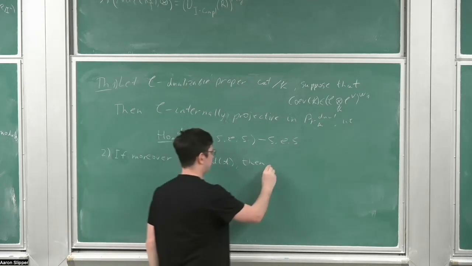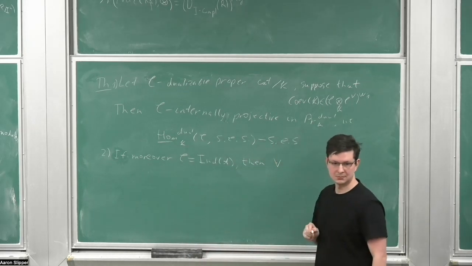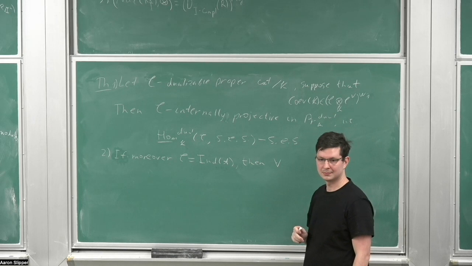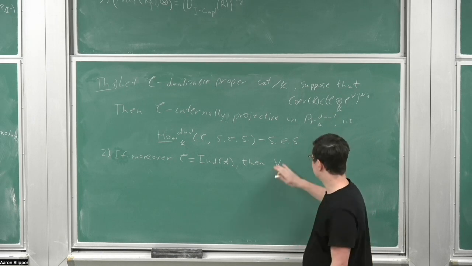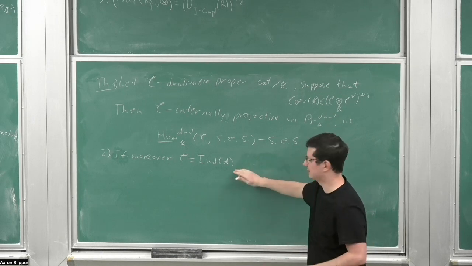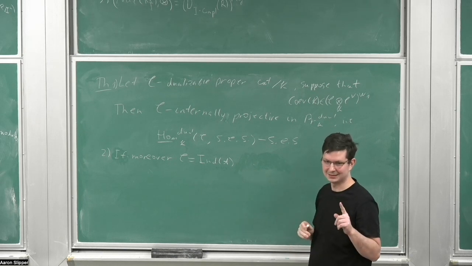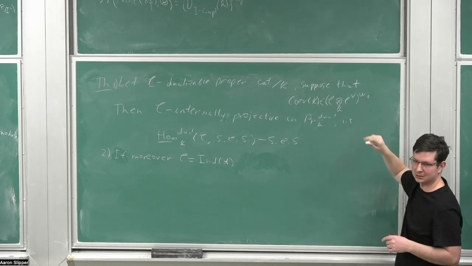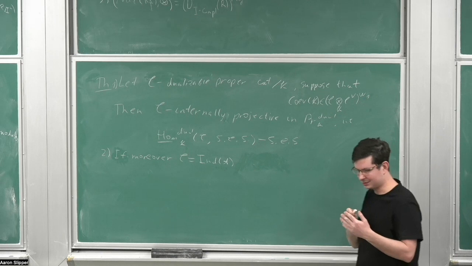Okay, then for any... so what does it mean that the diagonal is... a priori it lives in C tensor C check, and you want it to be countably compact. I don't want that diagonal to be too large.